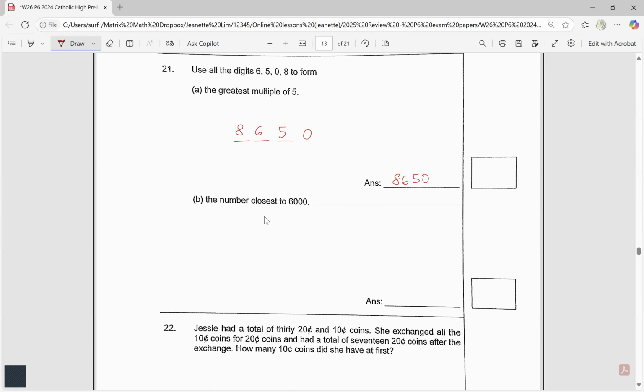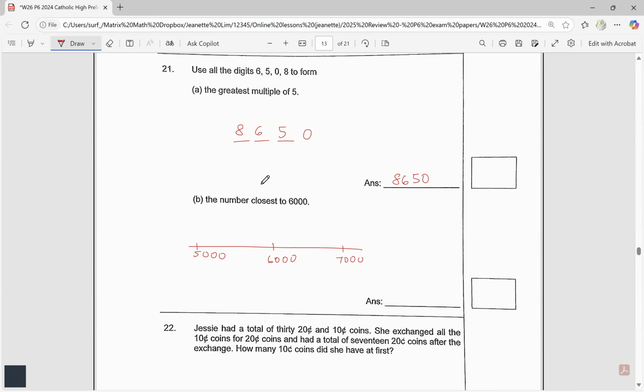Next one, the number closest to 6,000. Okay, so let's look at a number line. If this is 6,000, then if this is 5,000, this is 7,000, let's find the closest number before and the closest number after 6,000. Okay, so one has to be 5,000 something, since we have 5 as one of the digits.